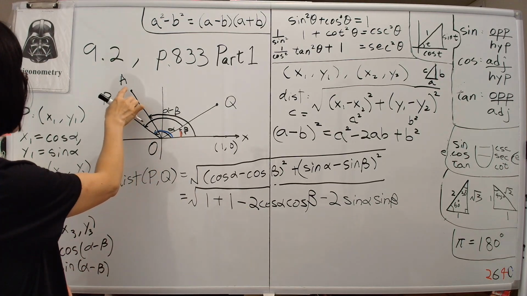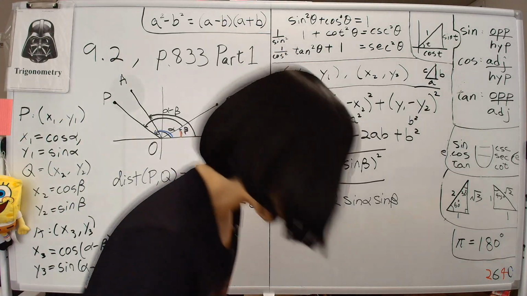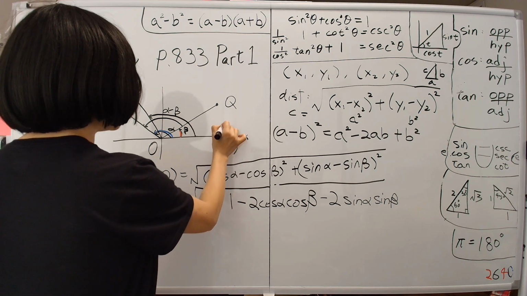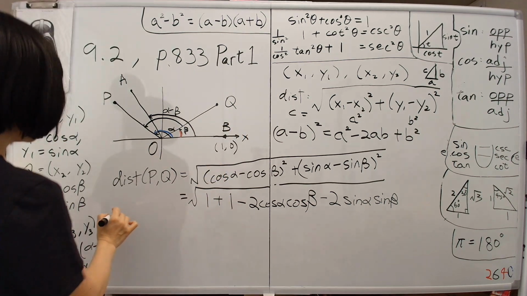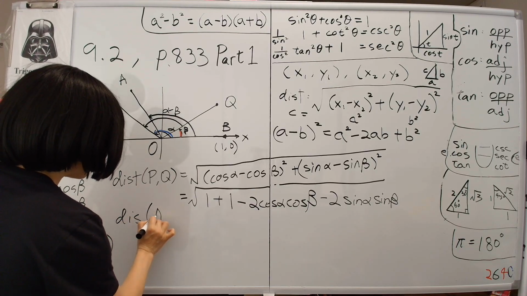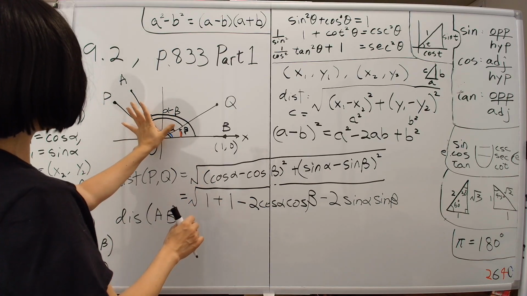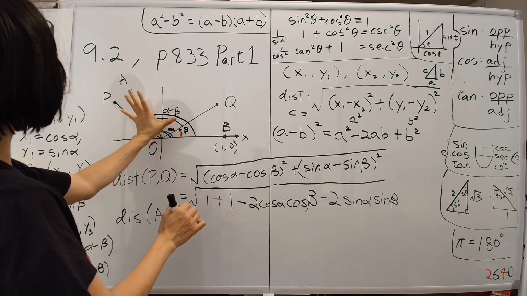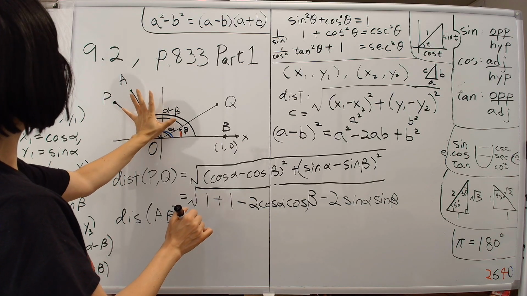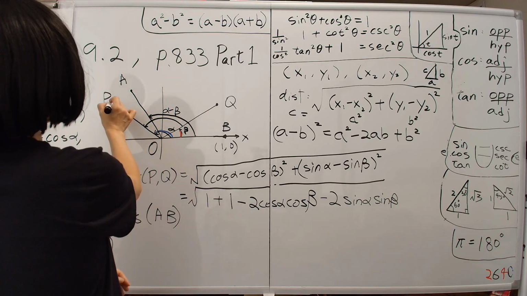Next, we're going to calculate the distance from A to, what is that 1, 0 called? I think it might be called B. Okay, so this is the point 1, 0, and we'll call it B. And then we'll calculate the distance AB. The reason we're calculating this is that these two distances are exactly the same, because we simply took this thing and just turned it, without changing the distance between them.